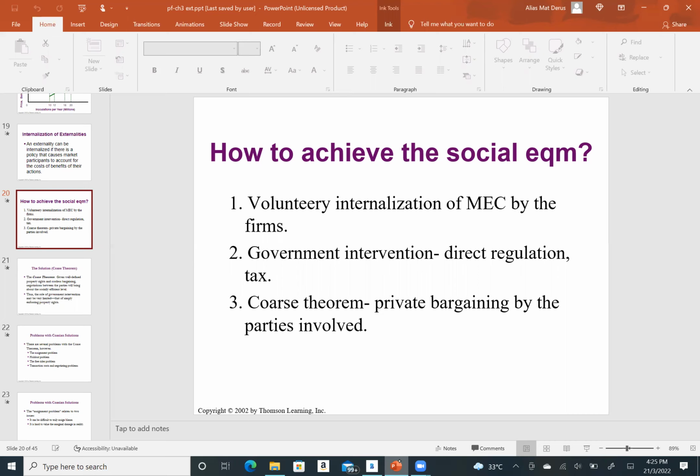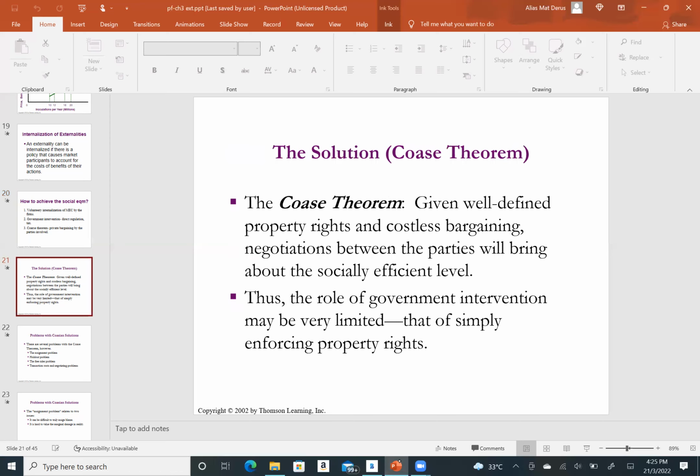The producer or generator of the externality by himself or herself consciously takes the external benefit or external cost into account. The Coase theorem is actually quite a nice concept. What is the Coase theorem? I want you to read the Coase theorem. Just read the first part.